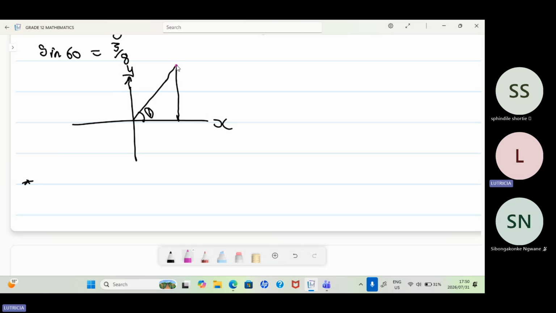Our point is gonna have an x and a y value, right? So the y value is gonna represent this side, and the x value is gonna represent this side. So our y value is gonna be equal to sine theta. Do you agree?